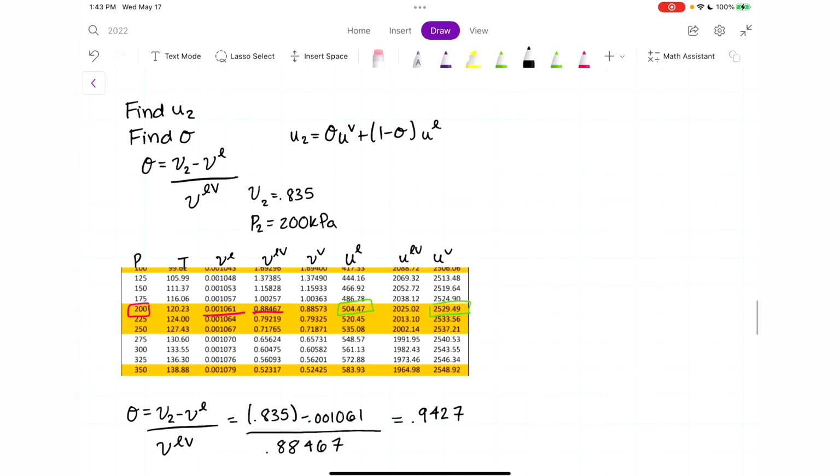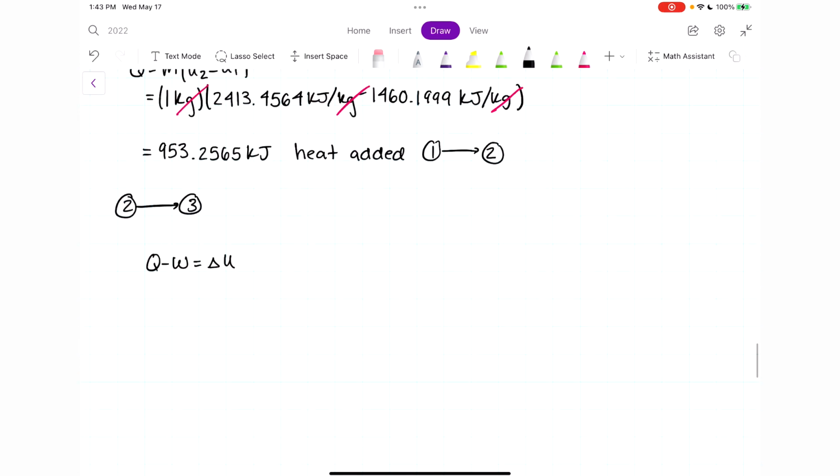We know the state, and we know the type of the phase that it is in state 2 and state 3, so we will be able to find U3 and U2. So U3 minus U2.